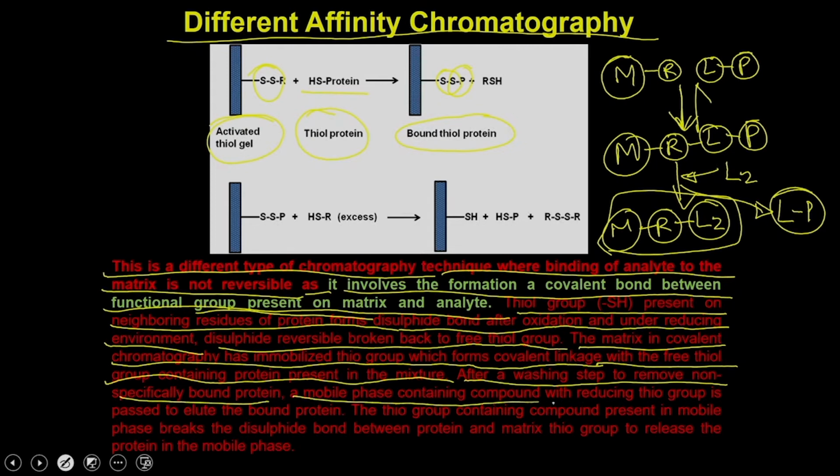A mobile phase containing a compound with a reducing thiol group is passed to elute the bound protein. So, first you do the washing step, and then you add an excess amount of the thiol group.